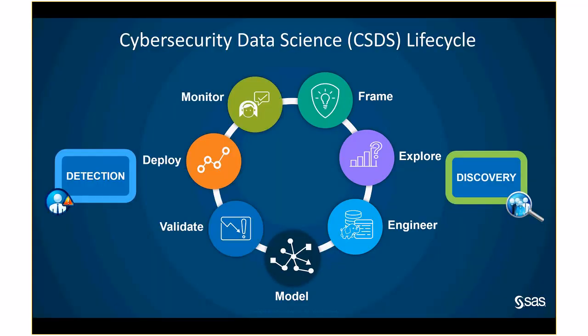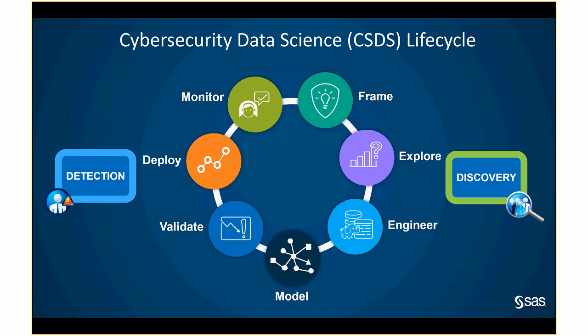So cybersecurity data science addresses all aspects of that life cycle, that process, and it is indeed a cycle, which is that ideally, if implemented correctly, cybersecurity data science is a process that continually refines and builds a better understanding of the cybersecurity operational environment.